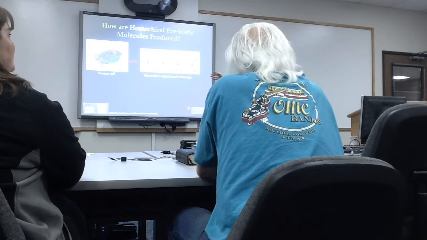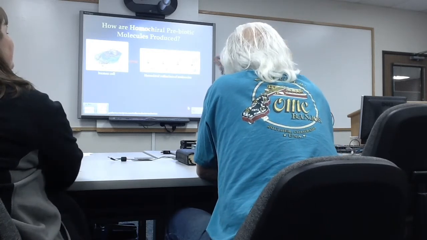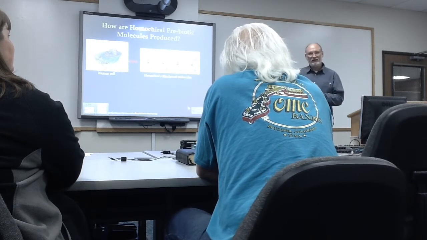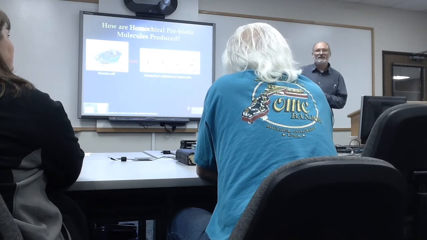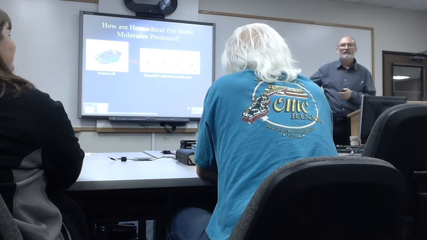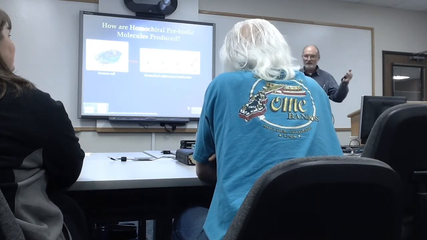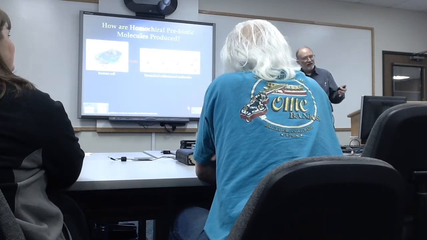When they opened up the Murchison meteorite, they found a slight enantiomeric excess of some of the amino acids in there. And of course, that got people really excited. Because what it said is, whatever incorporated those amino acids into that meteorite, there was a selection process going on somewhere, somehow, that caused there to be more of the one-handed than the other. It wasn't just random.